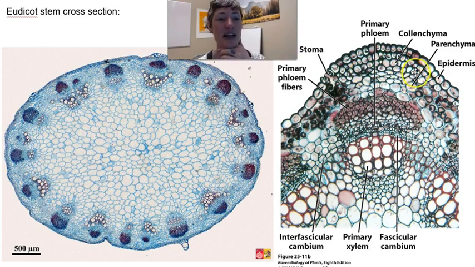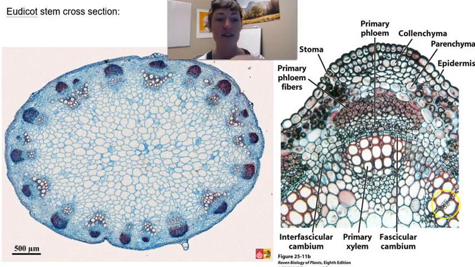Other things that you might see here would be the thick layer of wax that covers the outside of many plants. So that's the cuticle. You would find a cuticle on basically all plants, but it'll be quite thick in some and really thin in others.